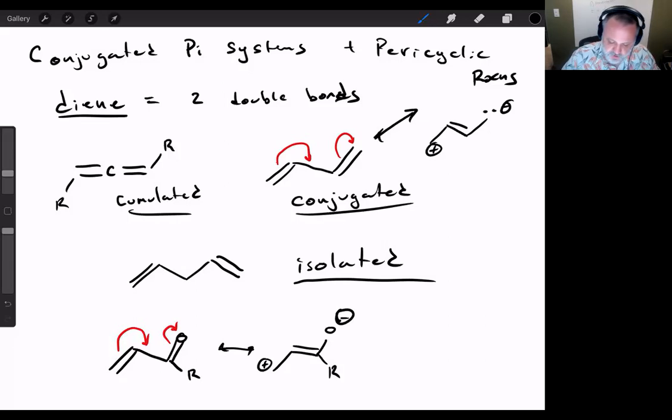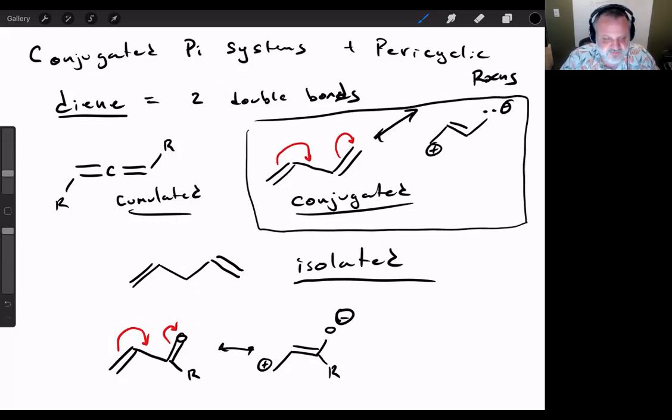So what we're talking about are conjugated double bonds, and in this case I'm talking about dienes, but we're going to move past dienes and talk about trienes and tetraenes, things like that. Enone means I've got a ketone and it's got an ene in the position over.